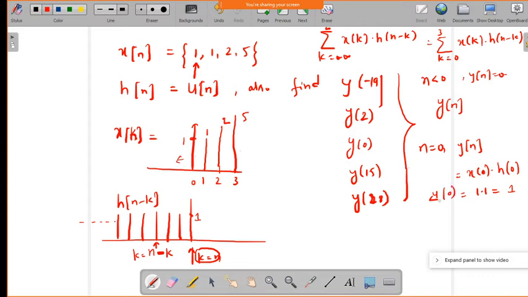Similarly you can find out y of 1. Put the value of n equal to 1 and k varies from 0 to 3 again. So the sample is shifted by 1 unit, that is h of n minus 1 when k becomes equal to 1.